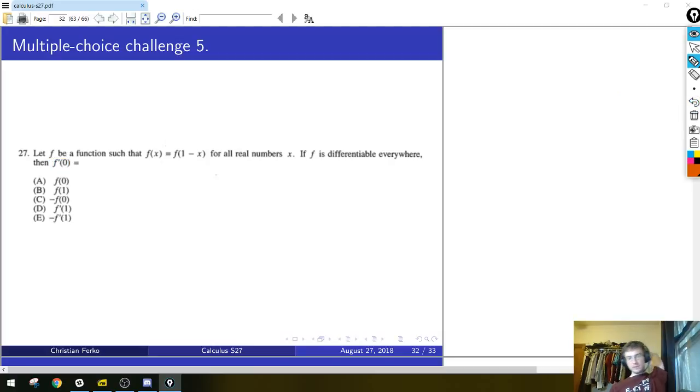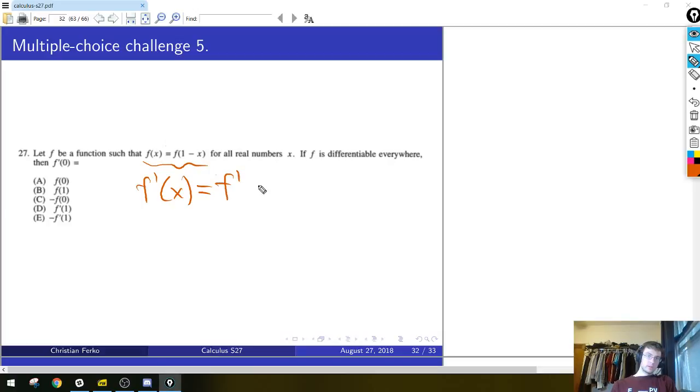So this time I'll give you no hints and see if you can intuit the direction to go. Where should we start to figure this out? So I guess we can take the derivative of each side of the function that we're given. Okay. What do we do? So f prime of x equals, in parentheses, f of 1 minus x in parentheses, prime.